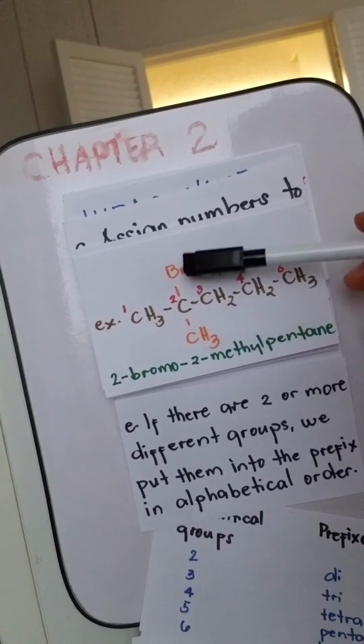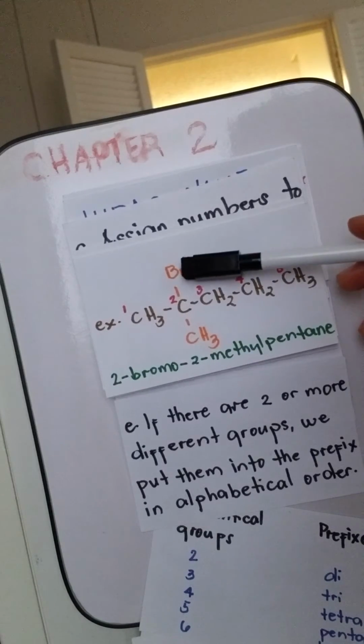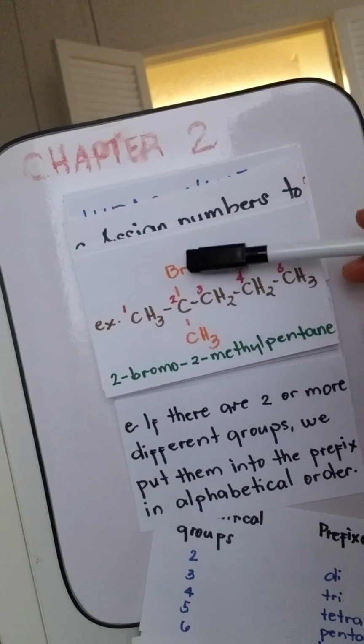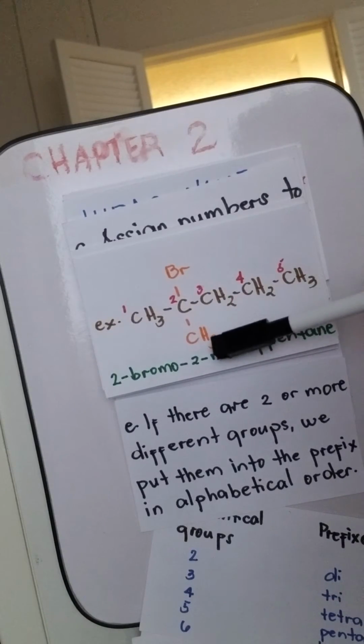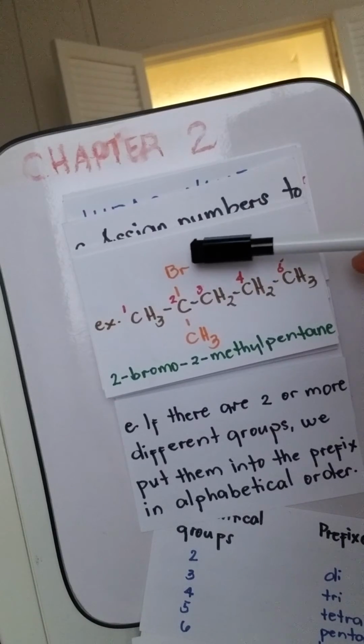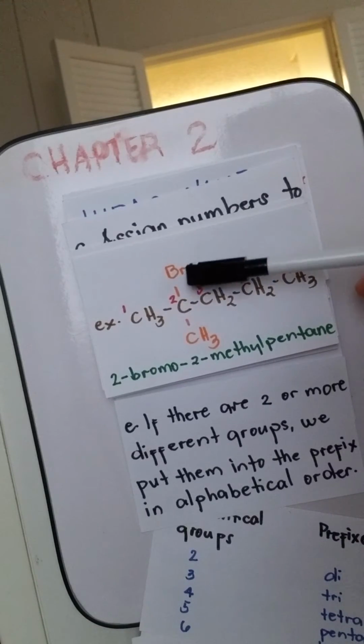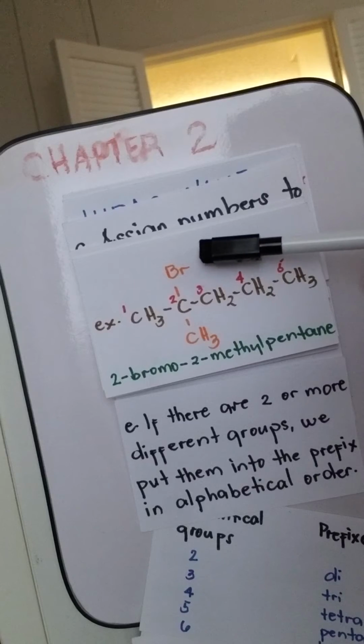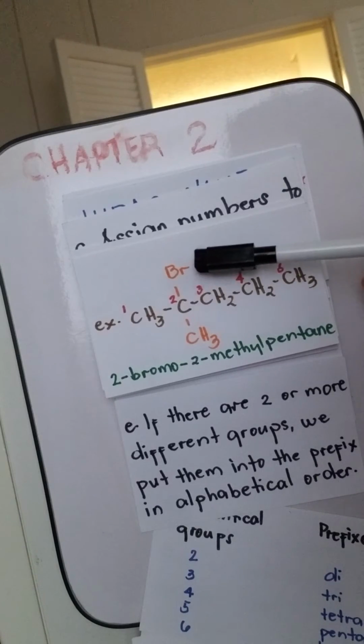What comes first, the B or the M, the bromine or the methyl? The B comes first in the alphabetical order, followed by the methyl. So we will name this bromine first, but we don't name them as bromine, we name them as bromo. Same thing with chlorine, chloro, iodo for iodine, fluoro for fluorine.